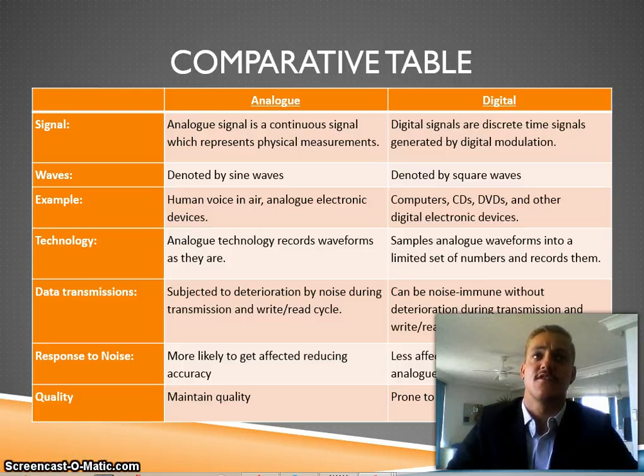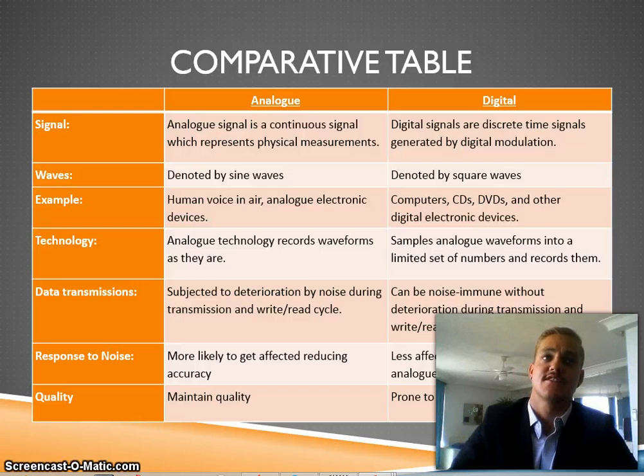Examples of analog consist of human voice in air, and digital consists of computers, CDs, and DVDs. Analog technology records waveforms as they are, whereas digital samples analog waveforms into a limited set of numbers and records them. Analog is subjected to deterioration by noise during transmission, which means it's more likely to reduce accuracy, whereas digital can be noise immune.